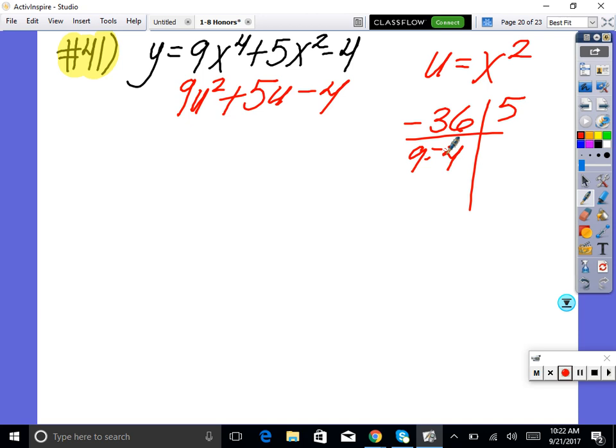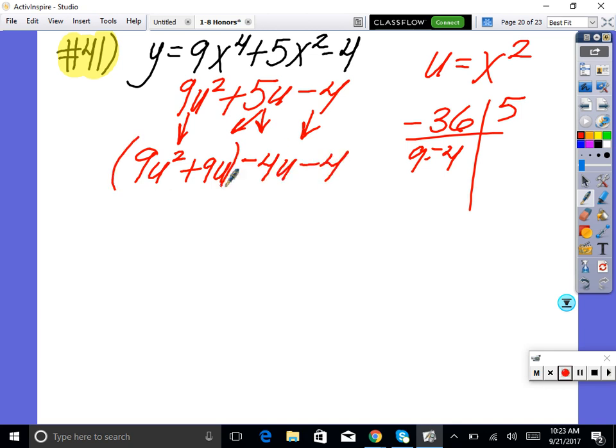Then you would not make the tragic mistake of quick factoring. We would drop and break. So we have 9u. Don't accidentally change this to x. That confused some people on the test. So 9u squared plus 9u minus 4u minus 4, factoring by grouping.